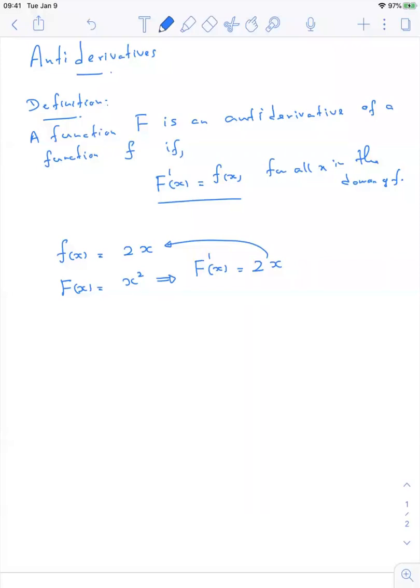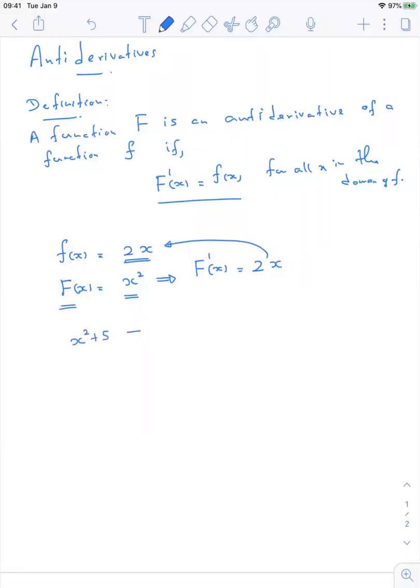So we can tell that this function F(x), which is equal to x squared, is an antiderivative of the function 2x. Now the question is, are there any other functions that will give you the same answer, 2x? Think about this function, x squared plus 5.